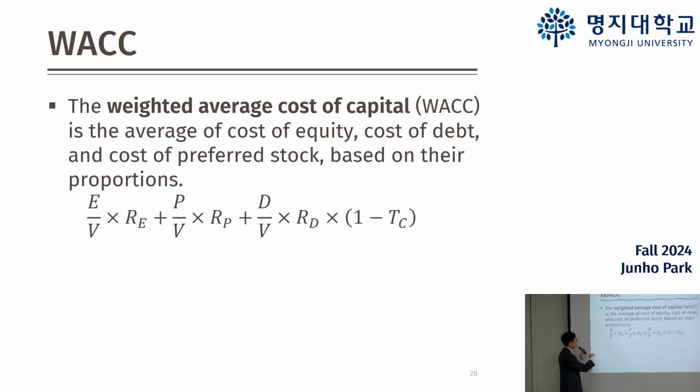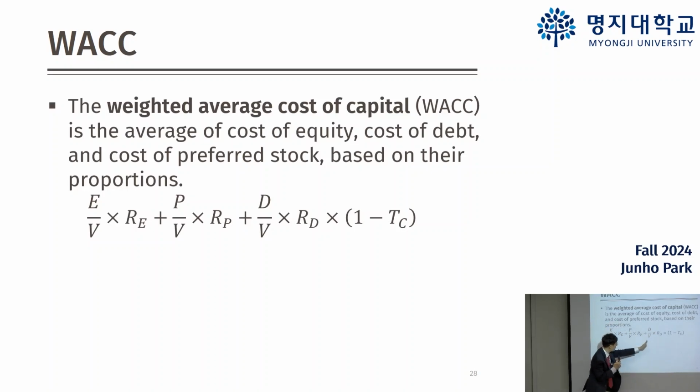So if we rely much more on the shareholders contrary to the bondholders, then we put a higher number here. But on the other hand, if we rely on the bond financing, debt financing much more, then we have a higher number here and we have a lower number here.